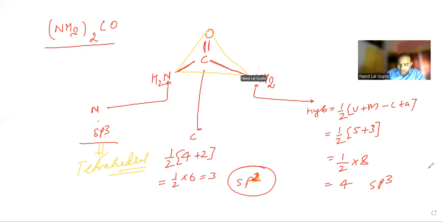The valence electrons carbon has are 4. And monovalent, how many are there? 2 single bonds, so 4 plus 2 is 6. 1 by 2 into 6 is 3. 3 means 1 s orbital and 2 p orbitals. Are you able to understand, Arav? Yeah. 100% clear, or should I explain again?